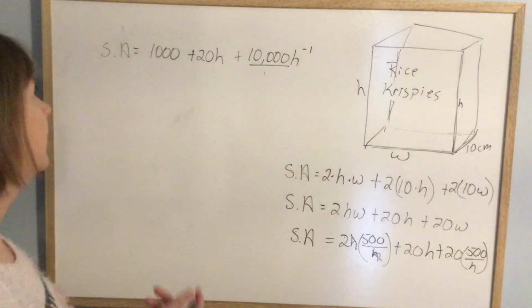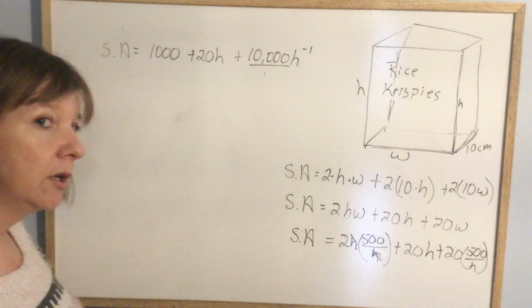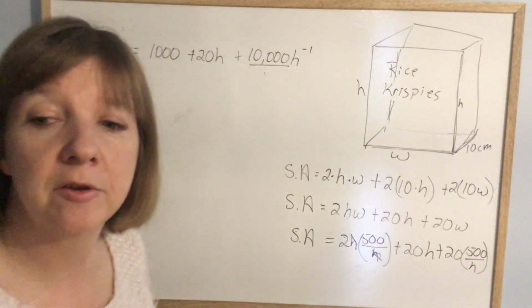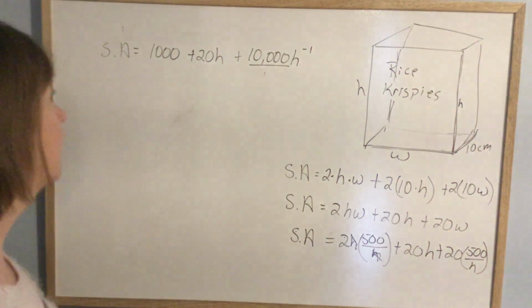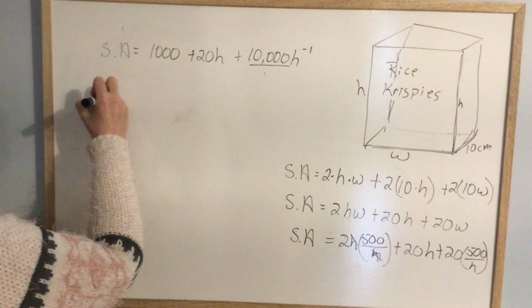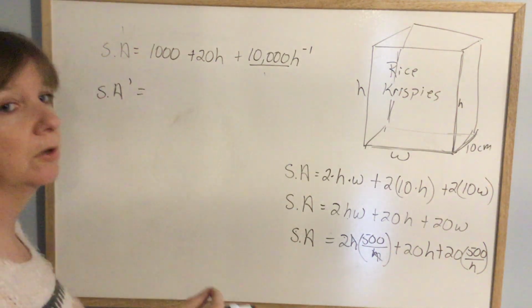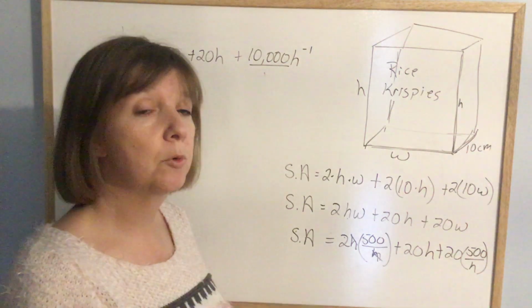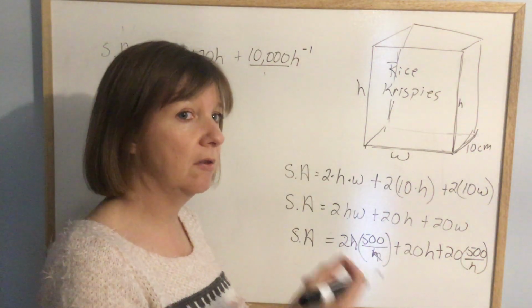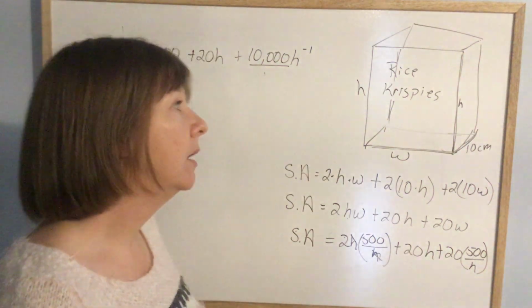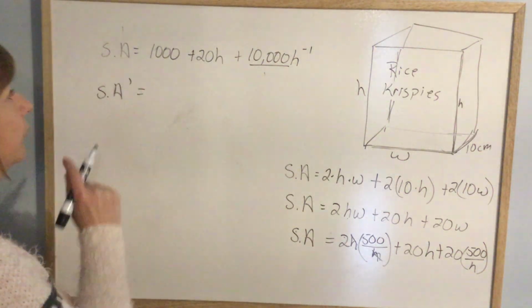What I can do now, remember I am trying to minimize the amount of material used to make this. If I want to minimize something or maximize something, really what I'm looking for is a local maximum or a local minimum. In this case, I want to minimize something, so I'm looking for a local minimum. In order to do that, I have to find the derivative.